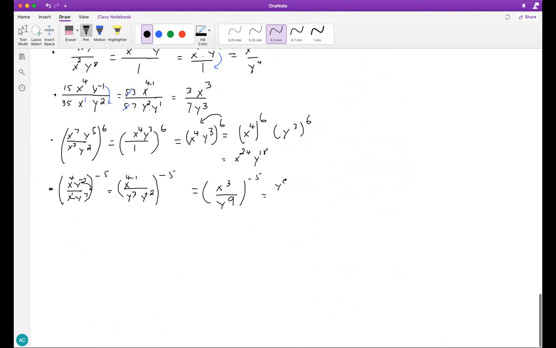It'll be y^9 over x^3. And the whole thing turns into a positive 5. Now, if we distribute the power 5 to all this, because 5 belongs to both these variables because of the parentheses, so this will be y to the power 9, all to the power 5, and x to the power 3, all to the power 5.